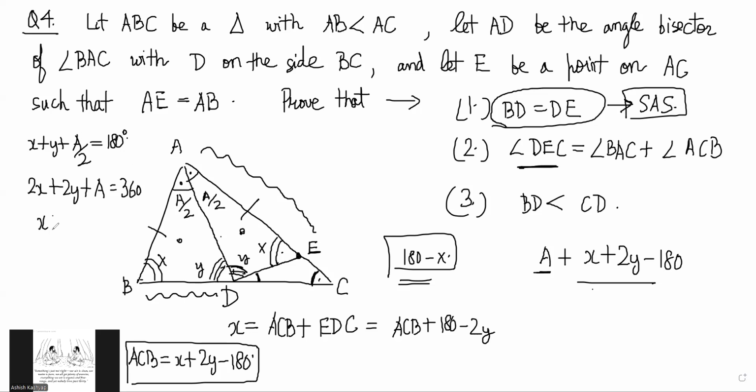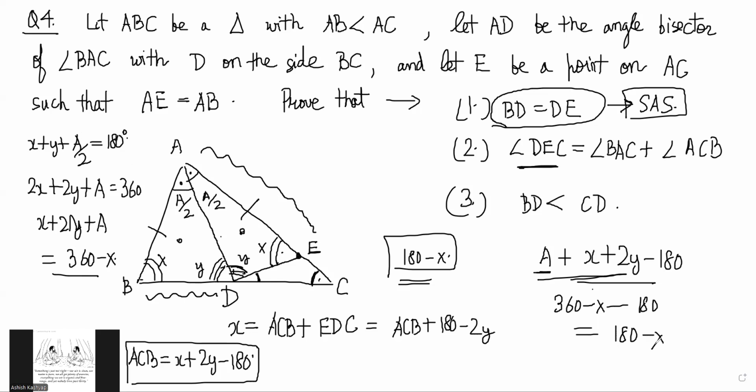So we have x plus 2y plus A is equal to 360 minus x. So x plus 2y plus A is 360 minus x, and now it is done. We are getting both sides as 180 minus x. Can everyone see that?